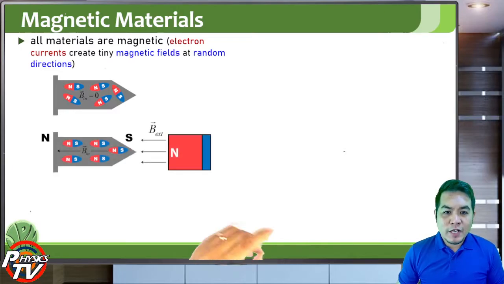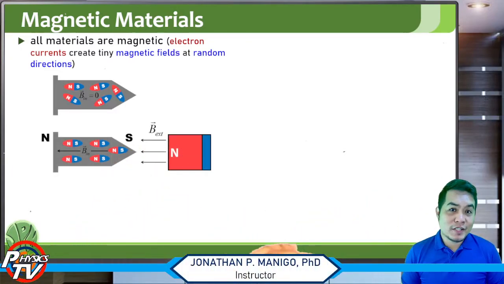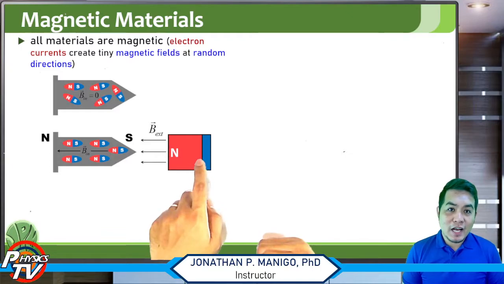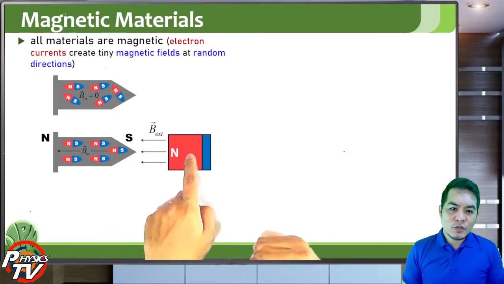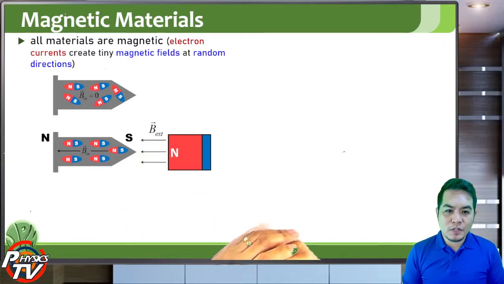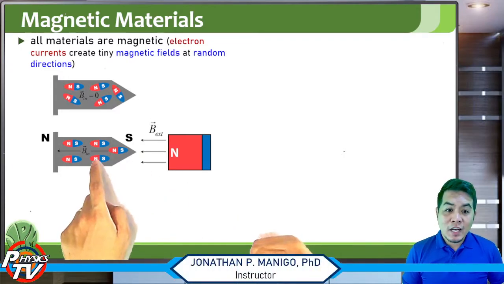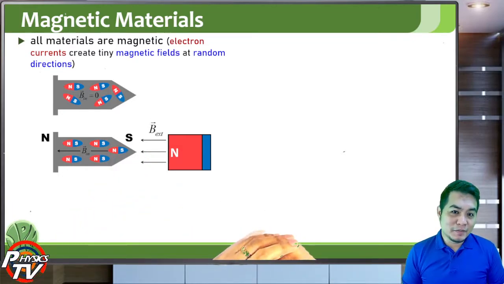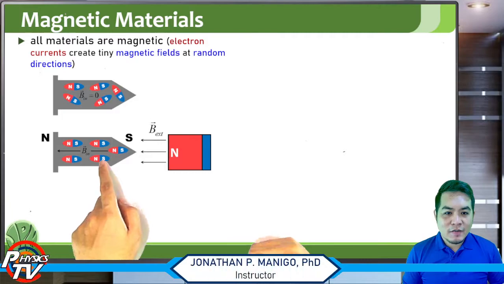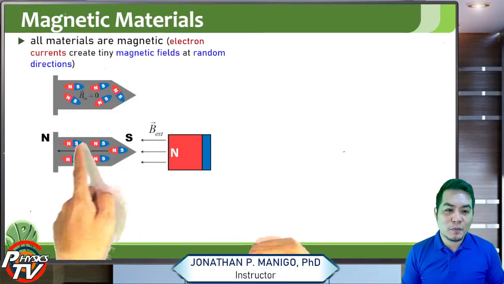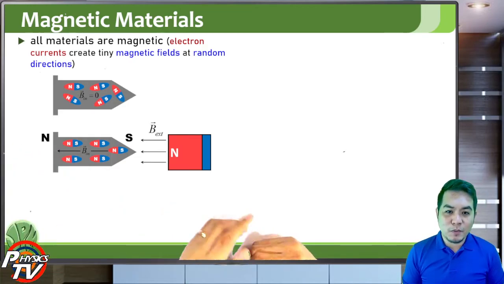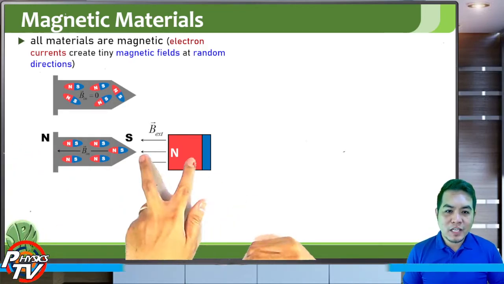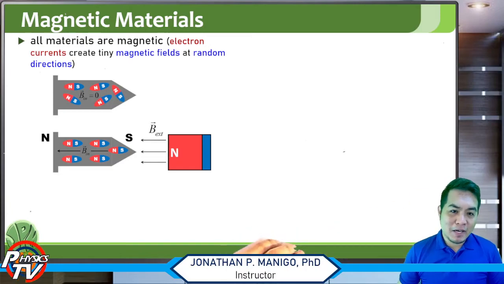Now, if you expose this material to an external magnetic field, such as another magnet, the tiny magnets inside the material basically align with the magnetic field. In this case, they align with the field such that one end of the material becomes a south pole, the other end becomes a north pole, and then it will get attracted by the magnet.